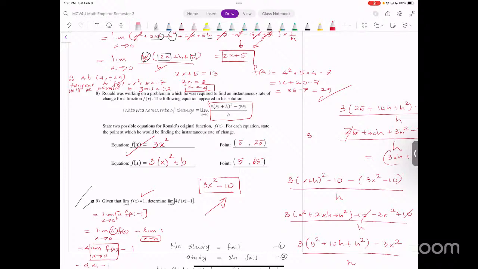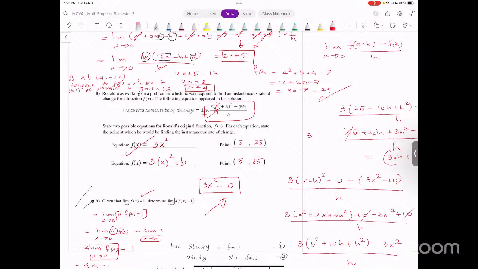Okay. The next part is where do they actually evaluate this function? Is that coming from the 5 plus h? This 5 is telling the exponent must be 5. That's the definition, isn't it? f(x plus h), all the definition, limit as h goes to 0, f(a plus h) minus f(a), divided by h, isn't it?